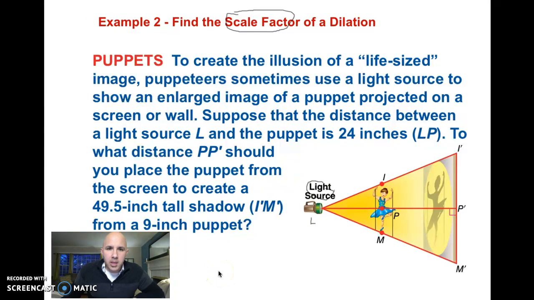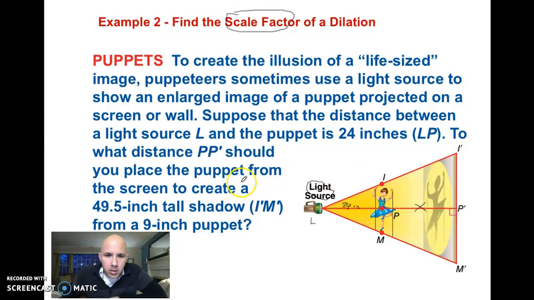For example 2, we want to find the scale factor of a dilation. In this particular question, we want to create the illusion of a life-size image. Puppeteers sometimes use a light source to show an enlarged image of a puppet projected on a screen or wall. Suppose that the distance between the light source L and the puppet is 24 inches. So right here, we're going to mark down 24 inches from L to P. To what distance does P to P prime have to be? We're going to try to figure out that X value.